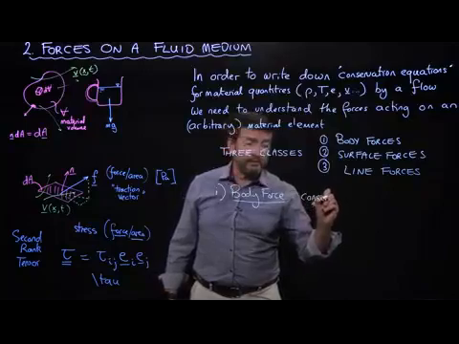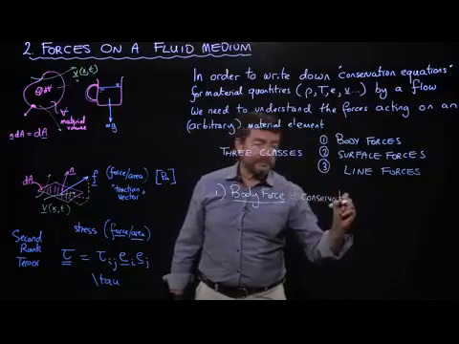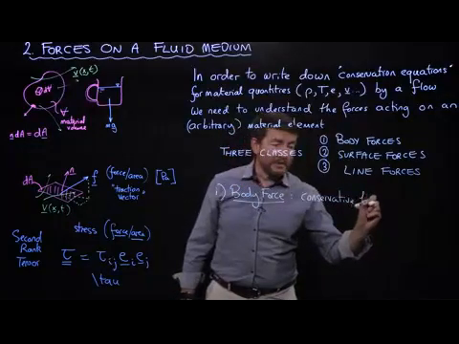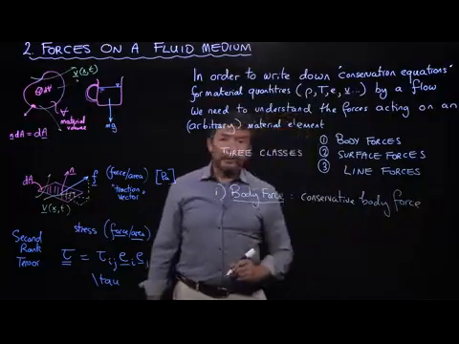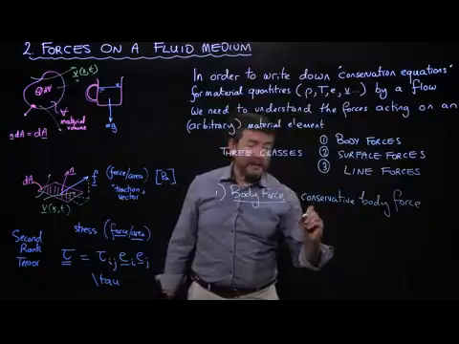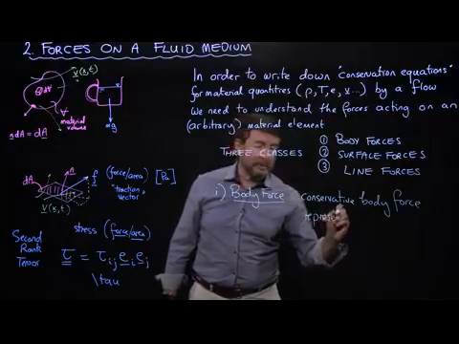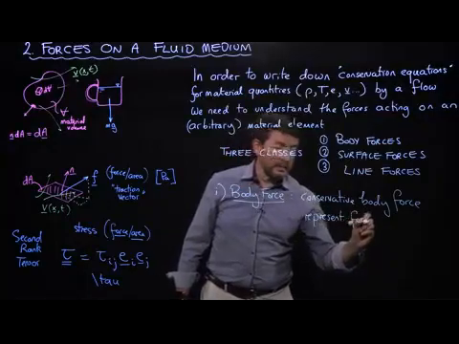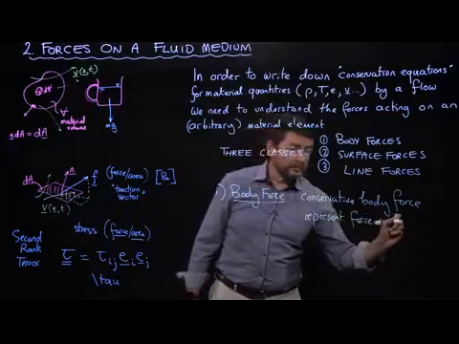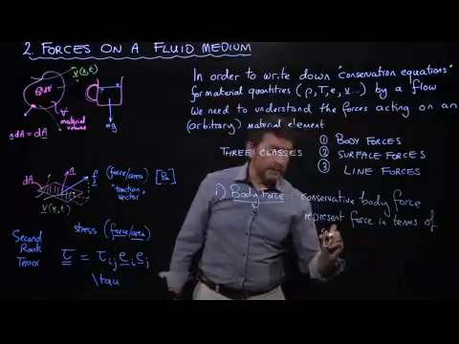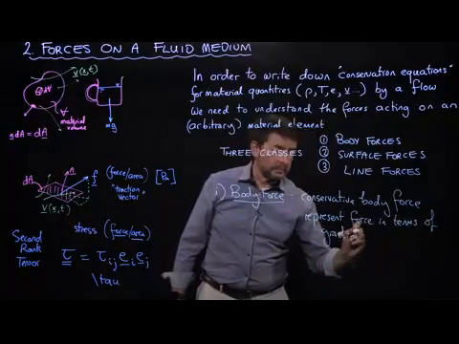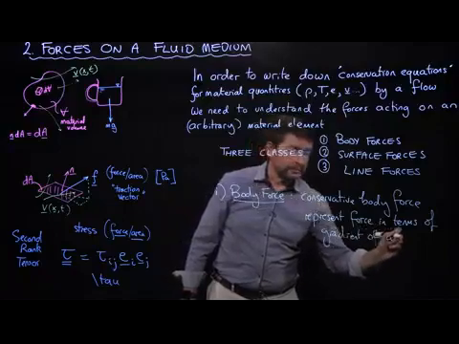So in general, in this class, we're only going to be thinking about what people would call a conservative body force, such as gravity. And a conservative body force means that we can represent the force in terms of the gradient of a potential.